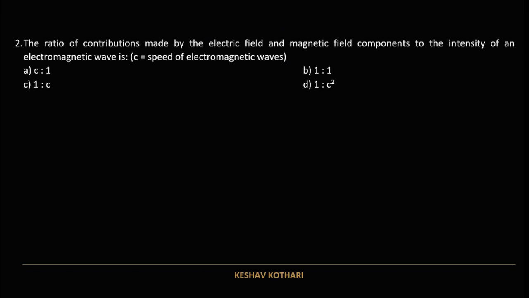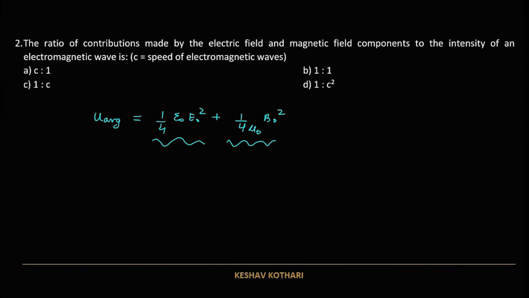The ratio of contributions made by the electric field and the magnetic field components of the intensity of an electromagnetic wave is. So if we are talking about the electromagnetic wave, the formulation is not needed right now, but if I write the average value, it is 1 by 4 times epsilon naught E naught square plus 1 by 4 times mu naught B naught square, and both these components provide equal contribution.